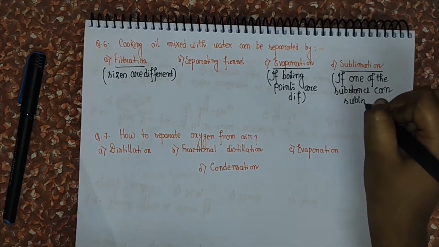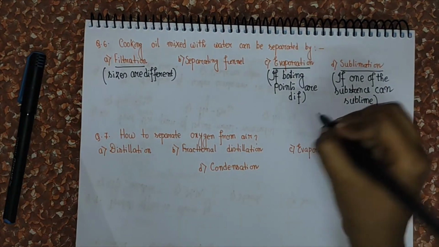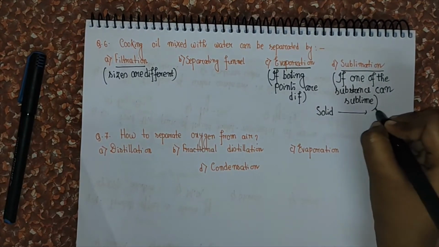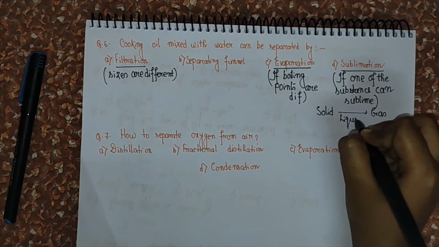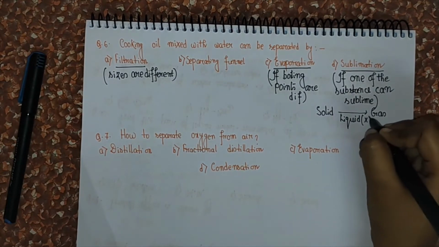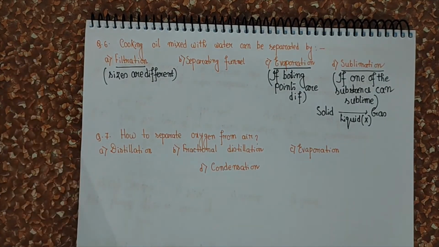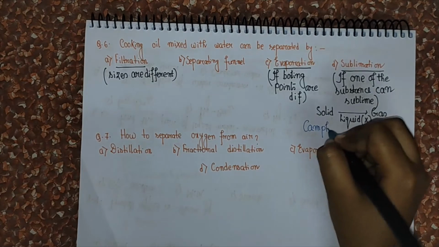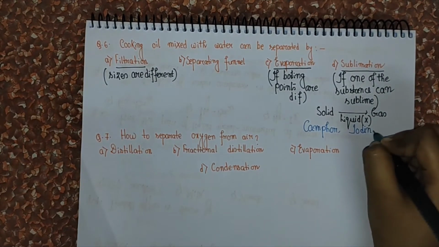Sublimation means that some substances can directly convert from the solid state to the gaseous state without passing through the liquid state. In between there is no liquid state. These substances are known as sublimating agents. Some examples: camphor is a very good example, and iodine is another example of sublimation.